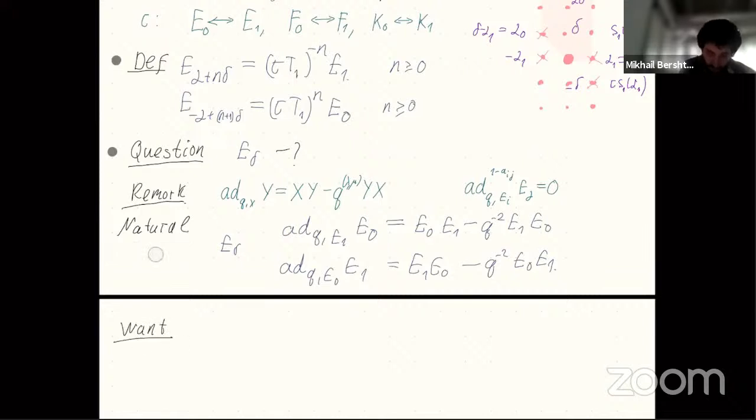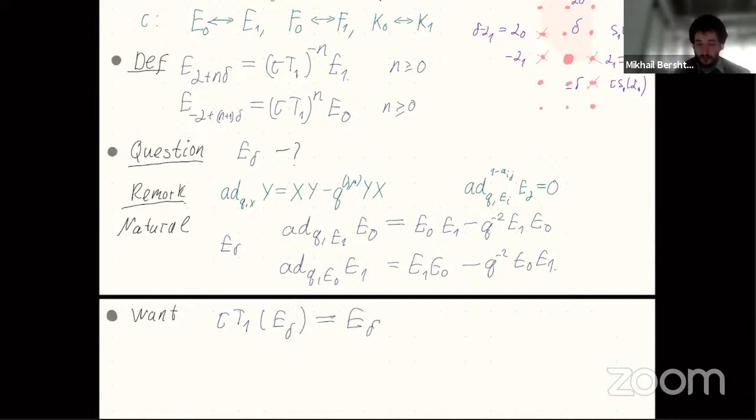So this was just a remark, and now we want, well, maybe I put it as a new point. We want that the generator which we picked for the translation, tau T1 applied to E delta, is equal to E delta, or at least proportional to E delta, but better to want equality, because this translation keeps delta.